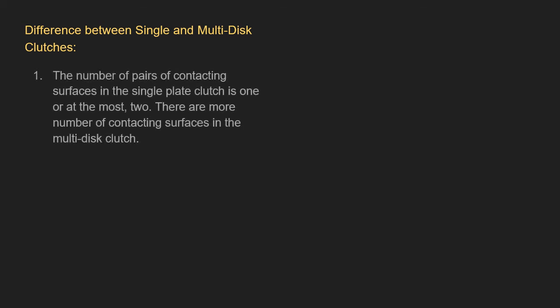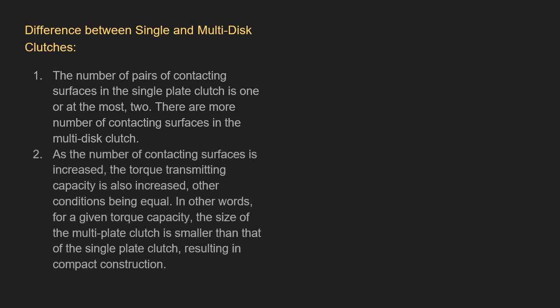All right. So let's finally look at the difference between single and multi-disc clutches. The number of pairs of contacting surfaces in the single plate clutch is one or at the most two, whereas there will be more contacting surfaces in the multi-disc clutch.